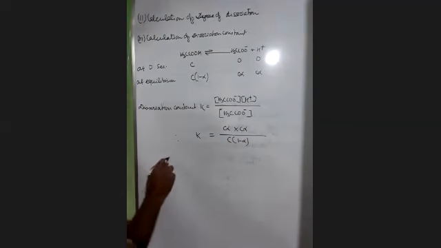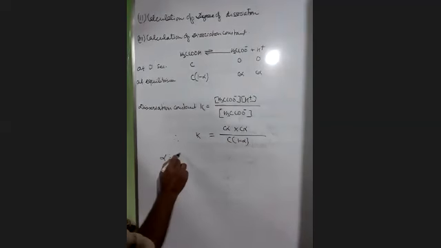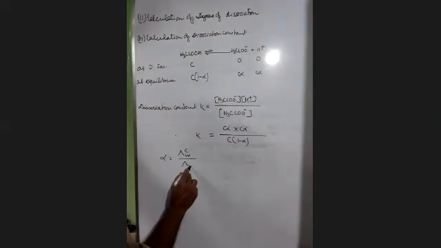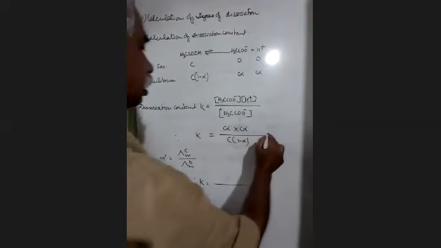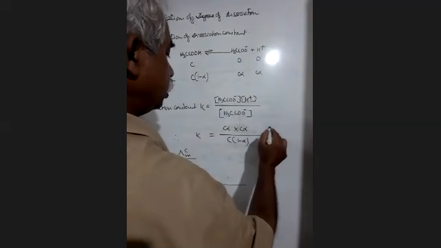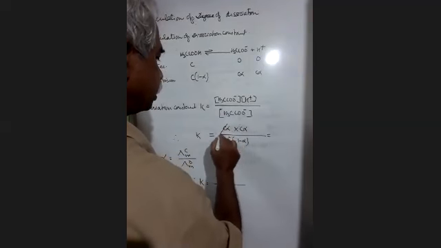Now what is alpha? Alpha you have already found. Alpha is lambda MC by lambda M0. Therefore, K is equal to, see, C and C can cancel.